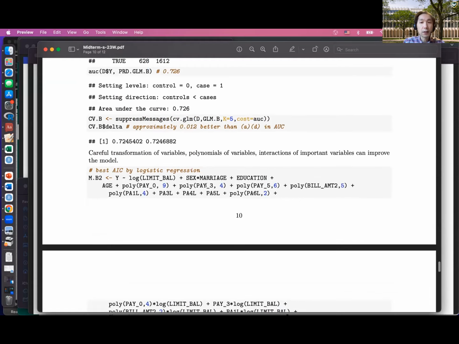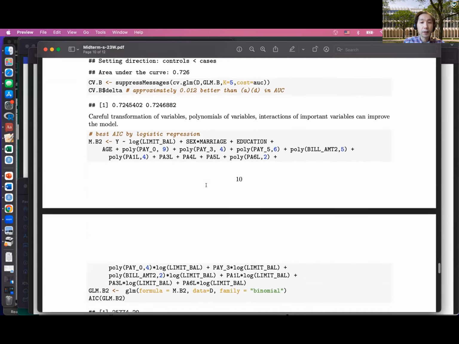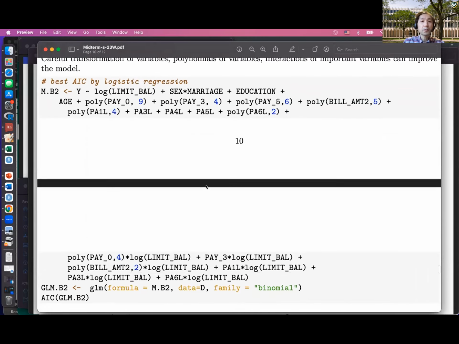This is the model I used. I used some polynomial of the payment information and also an interaction term between sex and marriage or education. I also took the log scale of the payment variables, because a large amount does not linearly affect the default status.